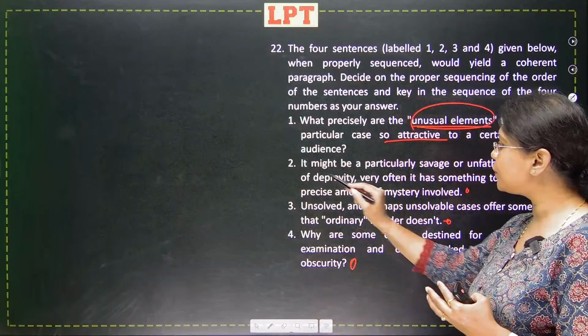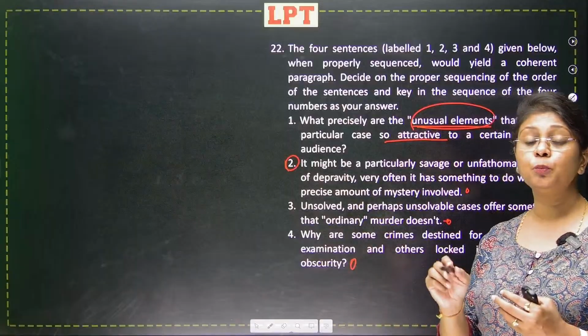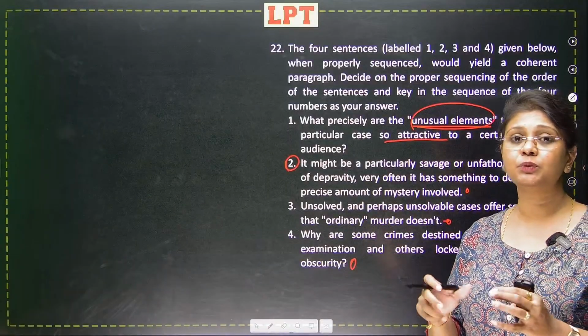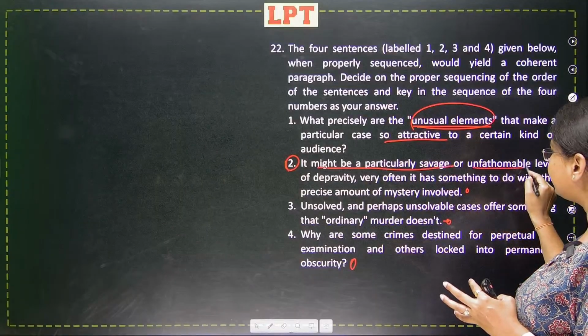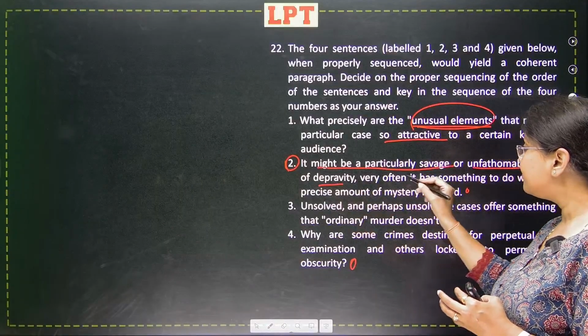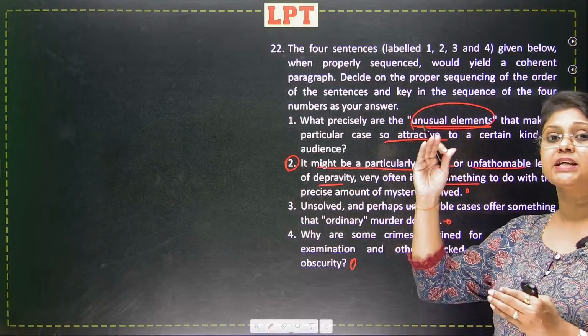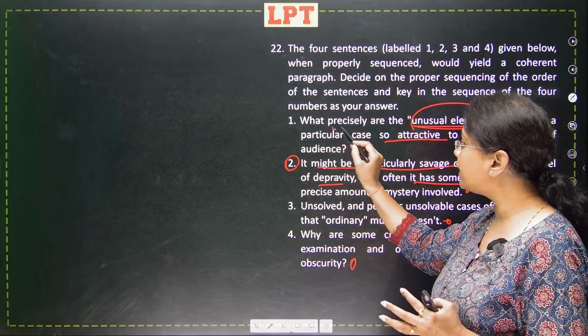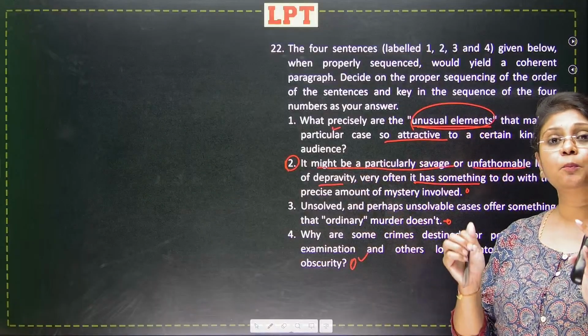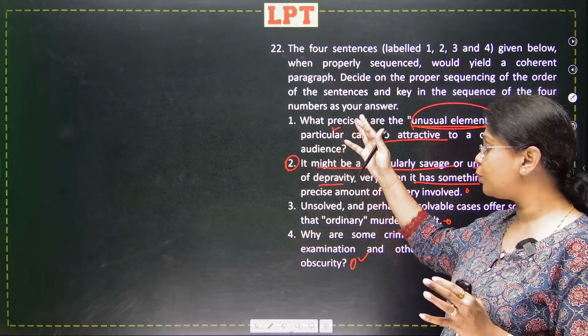So if you look at this one, sentence 2 provides you an insight into the mystery. It says, it might be a particularly savage or unfathomable level of depravity. Very often it has something. So this is answering the question that is being raised in 1 and 4. So then the opening point has to be somewhere from 1 and 4.